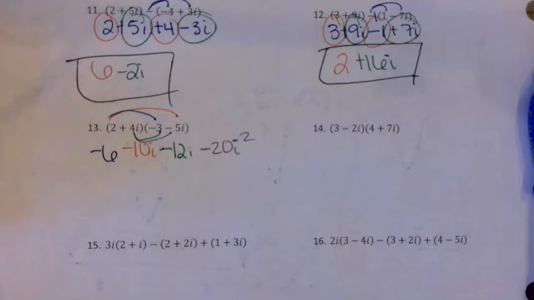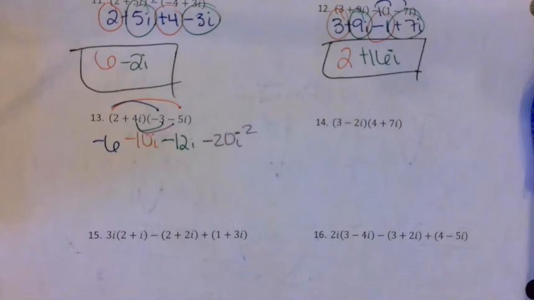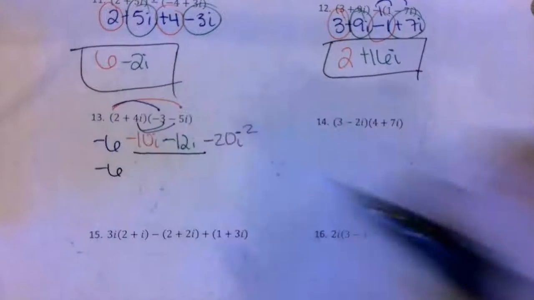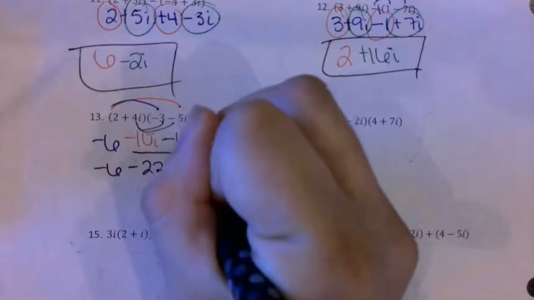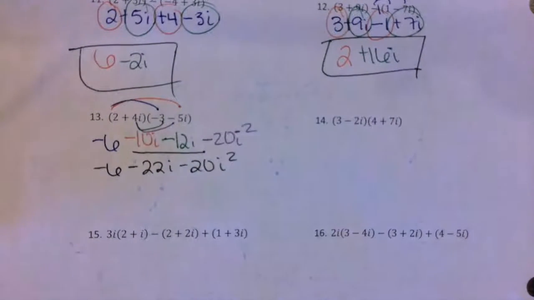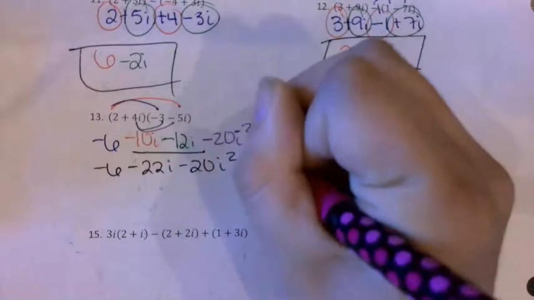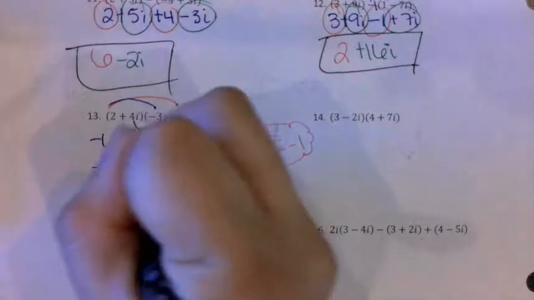I have i squared because I had two i's, and so they add an exponent when I do that. And I want to combine like terms, so I'm just adding the two middle numbers. So I have negative 22i in the middle, minus 20i squared. Remember, whenever I see i squared, it equals negative 1. So I'm going to replace this i squared with a negative 1.